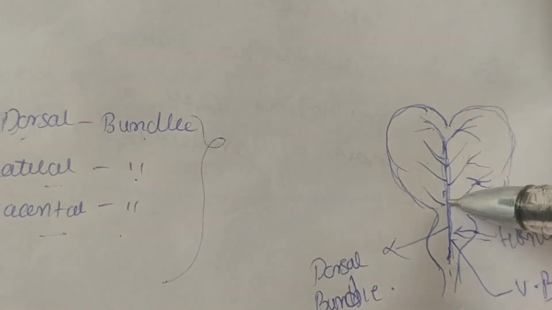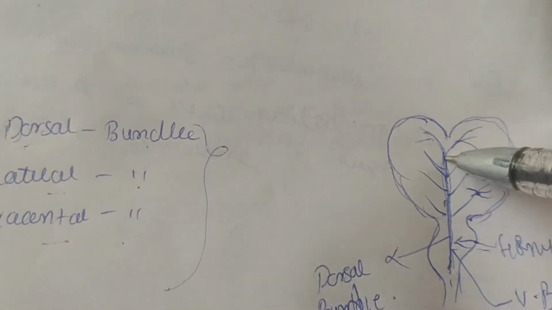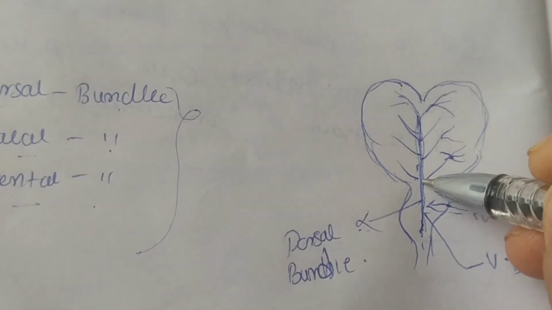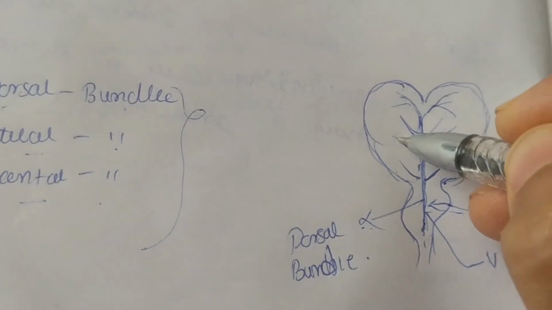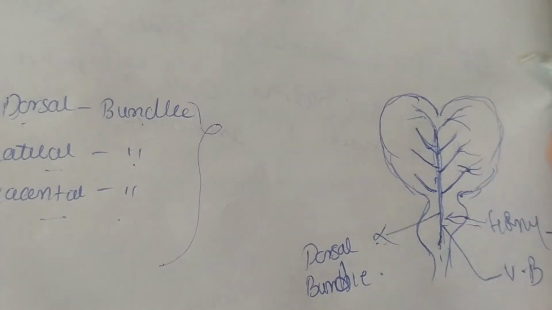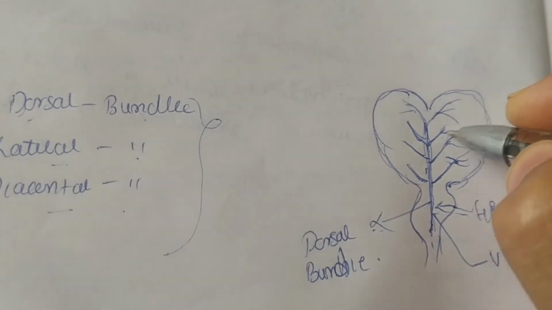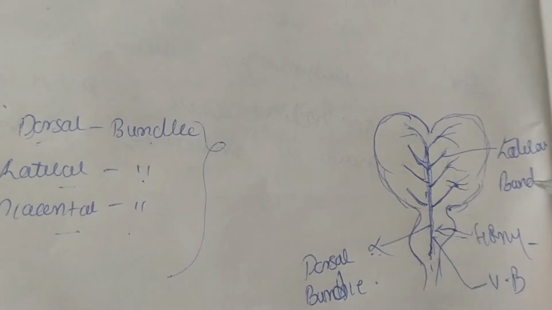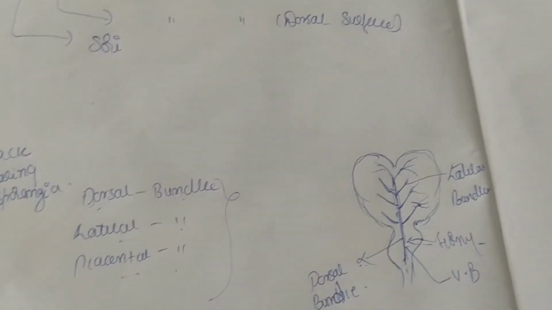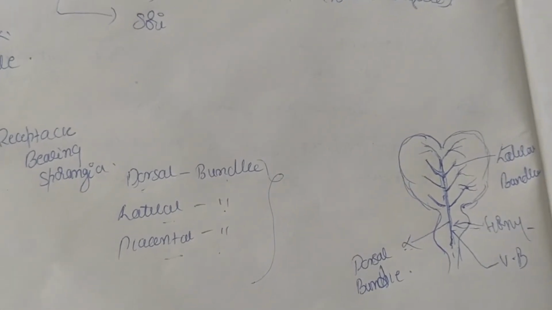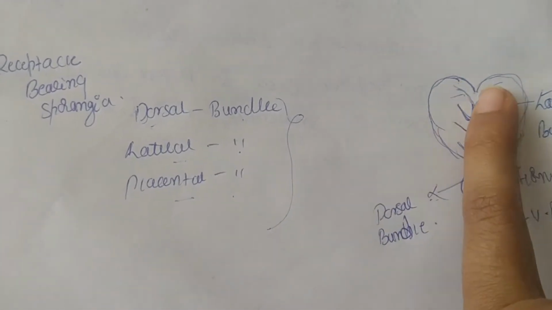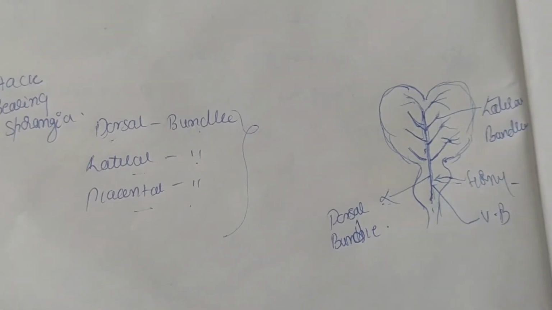This is the vascular strand. It is going to run along the midrib and form a dorsal bundle. This dorsal bundle is going to divide laterally and form these lateral bundles. These lateral bundles are going to eventually pass on to two sides of this sporocarp.